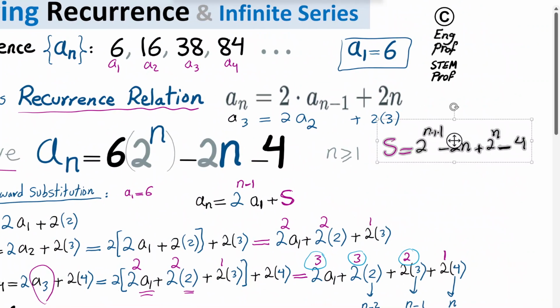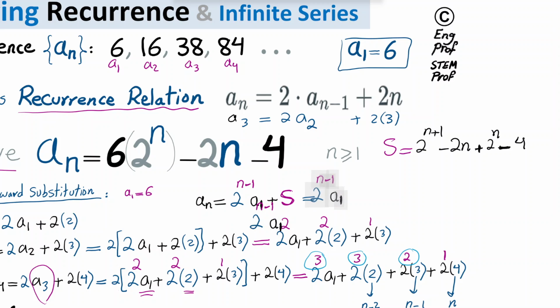So therefore a_n is equal to this value, which we know what it is.